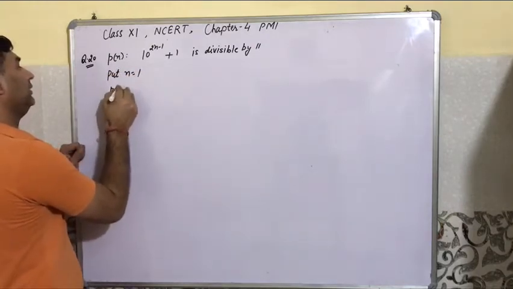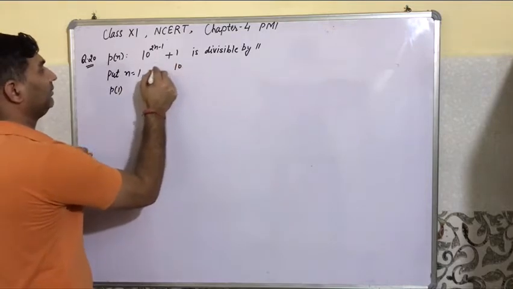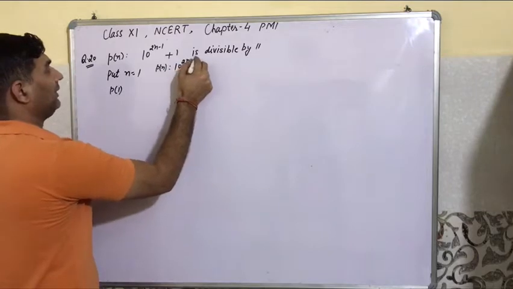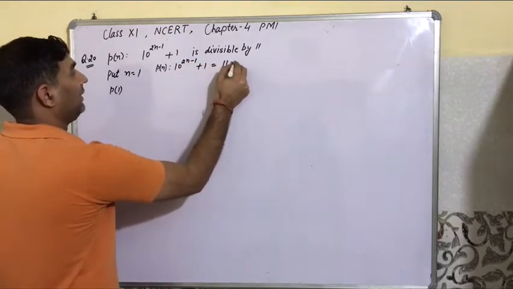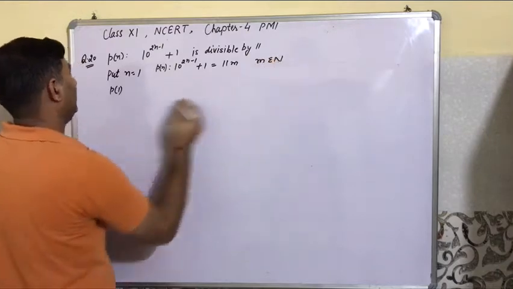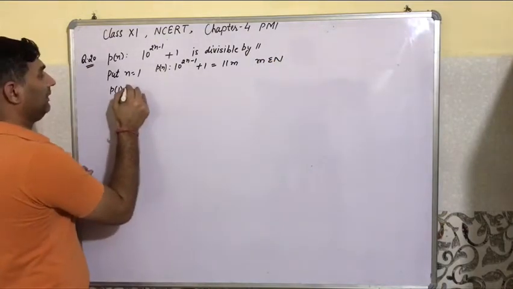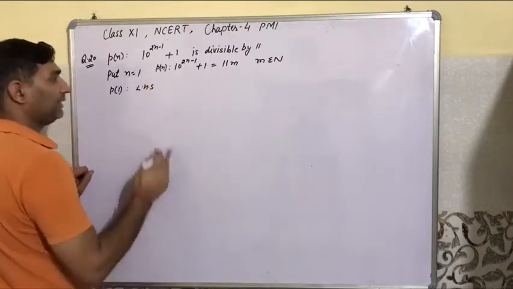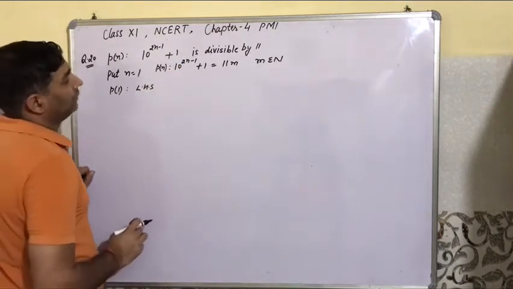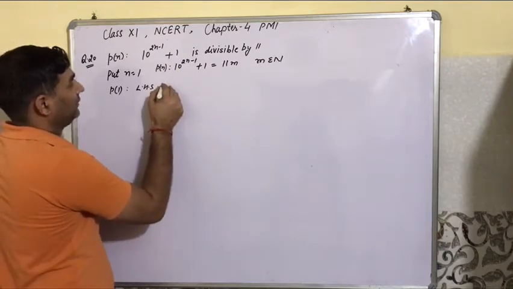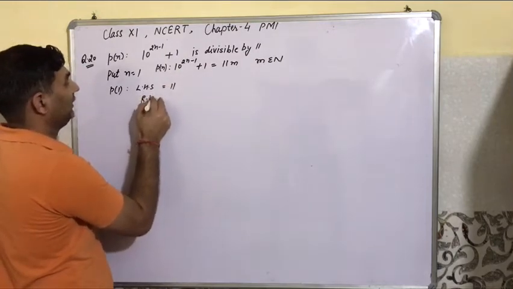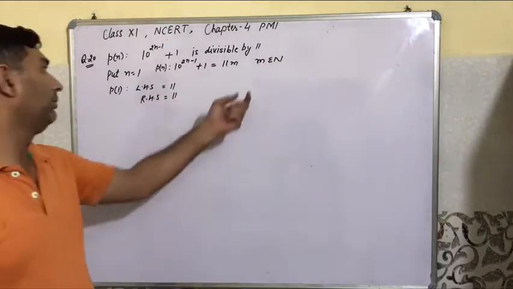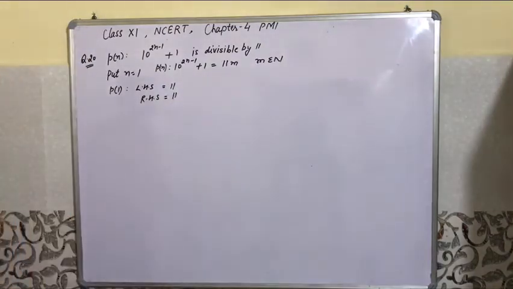Then P of n is 10 raised to power 2n minus 1 plus 1 is equal to 11m, m belongs to N. Put it, then on the left hand side P of 1, the value is 10 raised to power 2 minus 1, this value is 11, and the right hand side is also a multiple of 11, where m belongs to N, a natural number can be anything, is a multiple of 11.